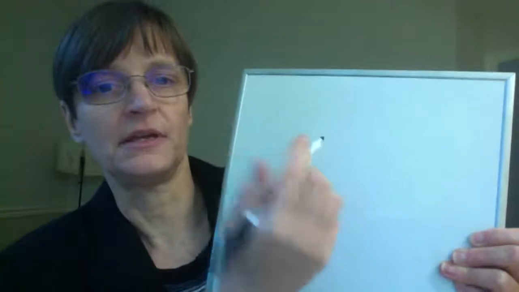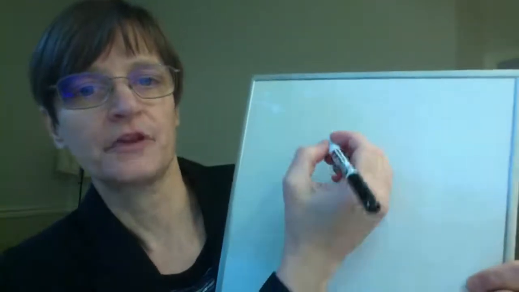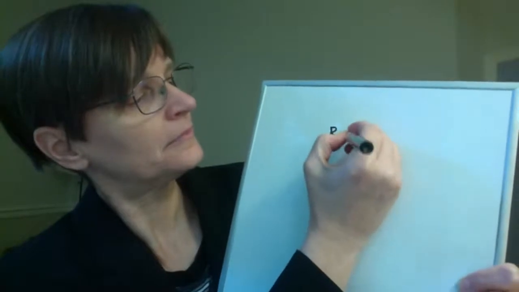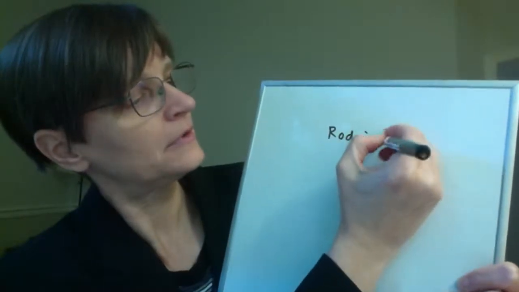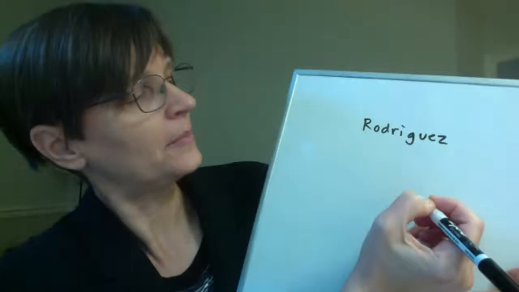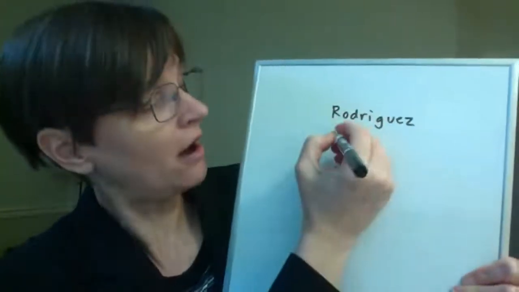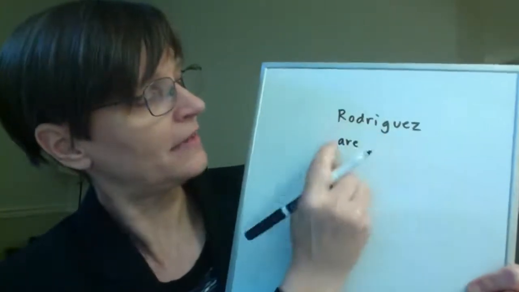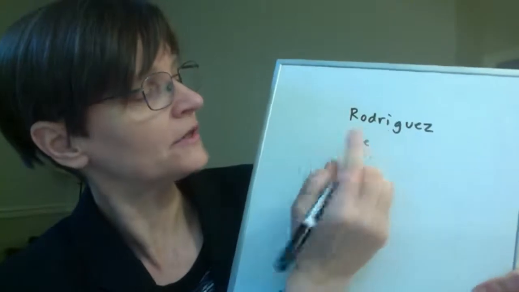Here's another example. So for example, if my last name were maybe Rodriguez, I'm going to want to actually write out R. I have the ah and the R sounds.